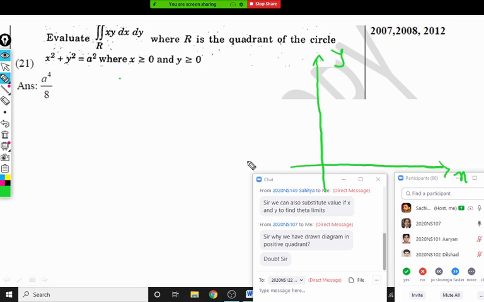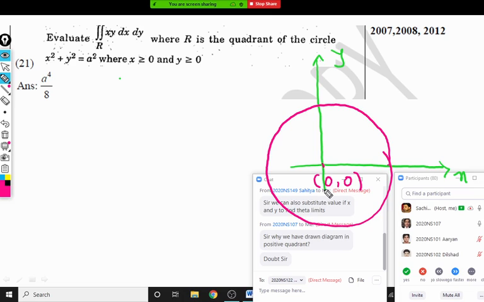No, sir. First of all, we will draw a circle of radius a, whose center is at the origin. Next, what is the region of integration then?